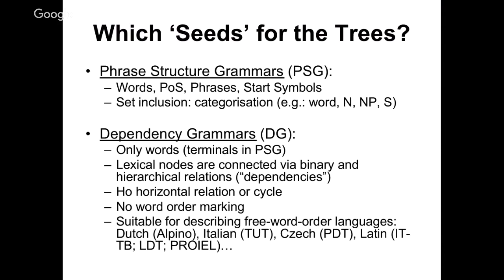In a dependency grammar tree, there are no horizontal relations or cycles, and at least in principle, there is no marking of the word order, which makes dependency grammars pretty suitable for describing the syntax of free word order languages, so languages with rich morphology, like Dutch with the Alpino Treebank, Italian originally with the Turin University Treebank, Czech with the Prague Dependency Treebank, and of course Latin with the Index Thomisticus Treebank, the Latin Dependency Treebank, and the PROIEL Treebanks.